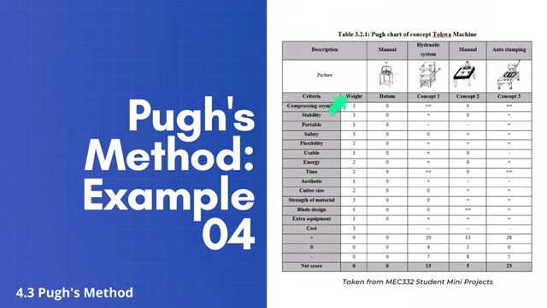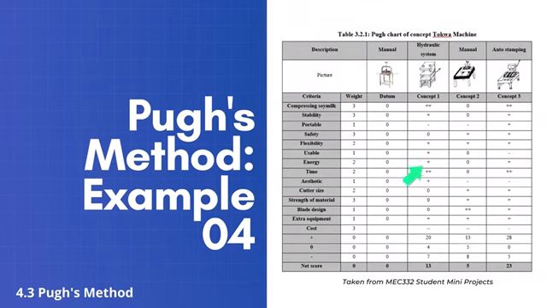And then the weightage also uses the scale 1 to 3. So 1 means that the criterion is less important, and 3 means that the criterion is very important. And then basically the evaluation is also the same as the previous slide.